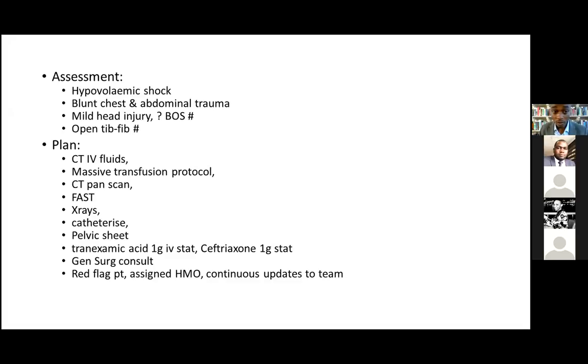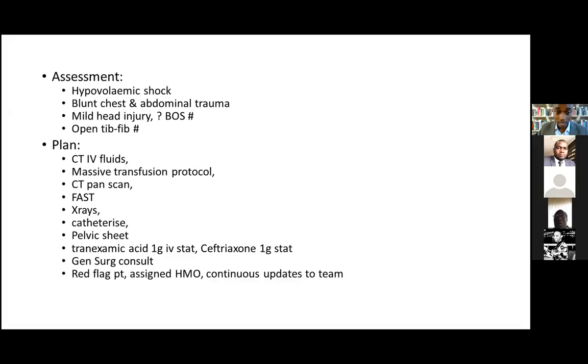And so continuation of resuscitation, massive transfusion protocol was initiated. We planned to do a pan scan, that is brain, spine, chest, abdomen, and pelvis CT scan, to do a FAST, and then follow up on the x-rays. We decided to catheterize the patient and apply a pelvic sheet as well.